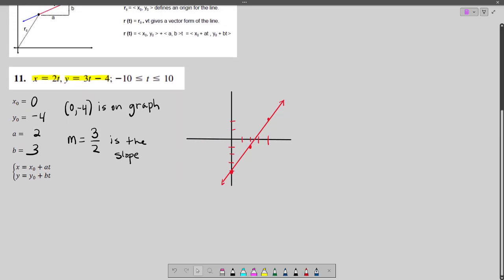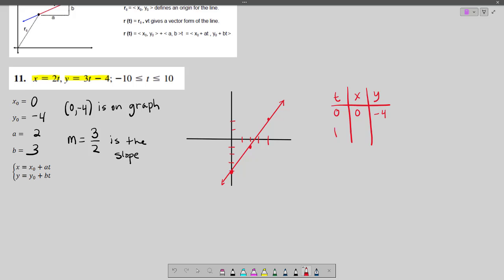Now we haven't found the orientation yet. So we have to look at the orientation. If we look at a couple of points, our t, our x, and our y, just to make sure we have orientation, if you plug in t equals 0, you are going to get this point, 0, -4, the y-intercept. And we can plug any other t value we want. We just need one other value.